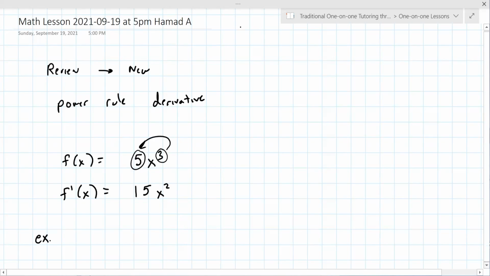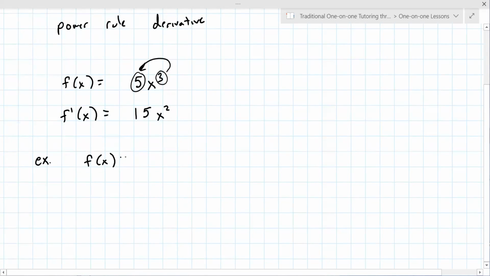Let's say that f of x equals 12x squared minus 4x plus 8. Go ahead and give me the derivative of this, please. So it's 24x minus 4x.